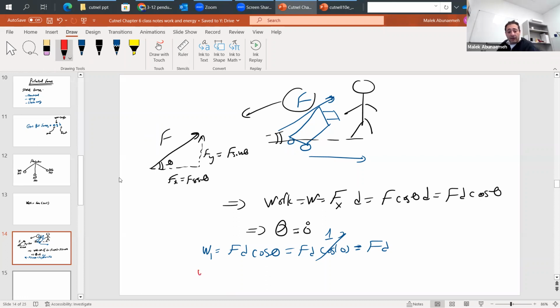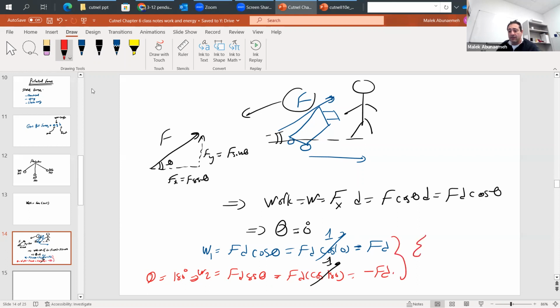If, let's call this W2, your angle this time is 180 degrees, that means your work is going to equal FD cosine theta, which is FD times cosine 180. Cosine 180 equals -1, so it's going to equal minus FD.